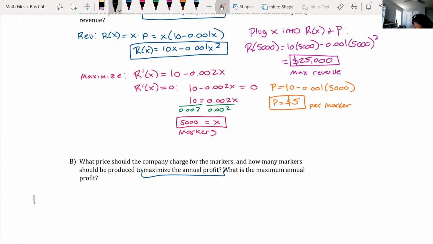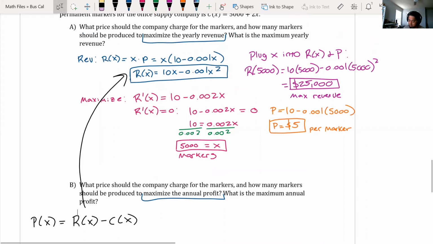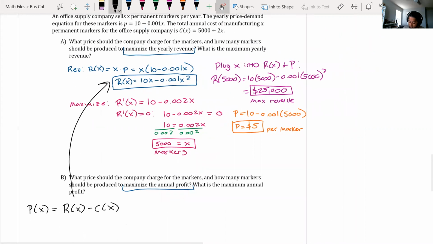Remember that profit is given by revenue minus cost. We created a revenue function on the last problem, and they gave us a cost function in the original paragraph.